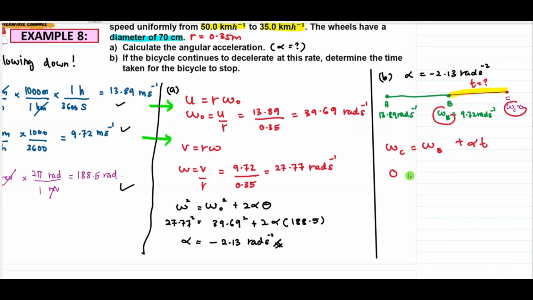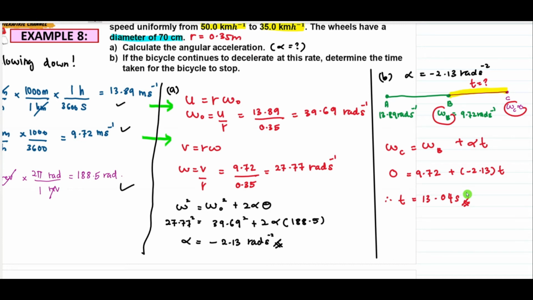So omega C 0, omega B is 9.72 plus alpha kita dah tahu tadi, T. Okay, so therefore T is equal to 13.04 second.